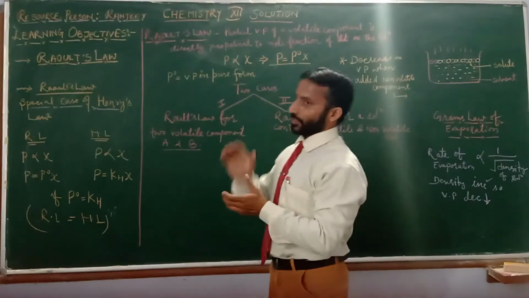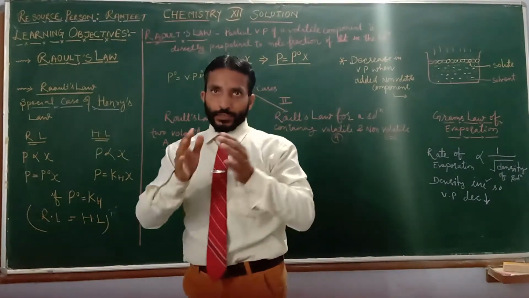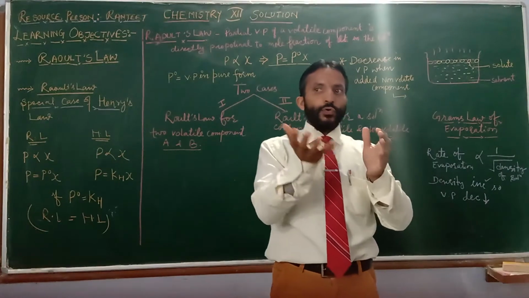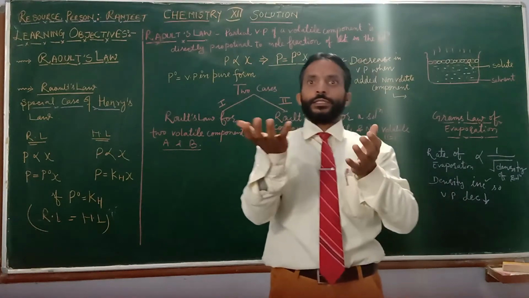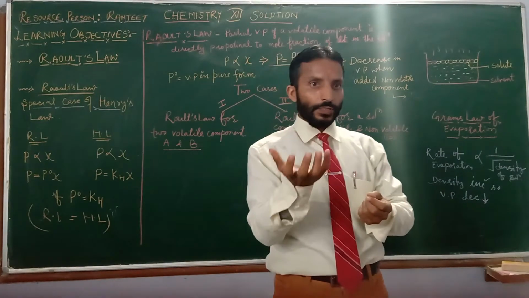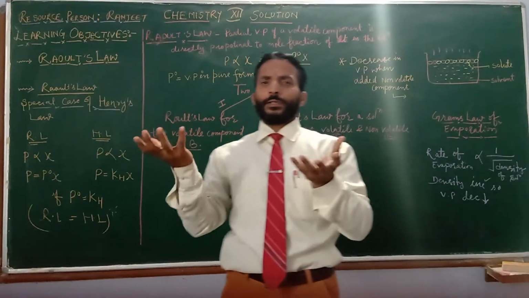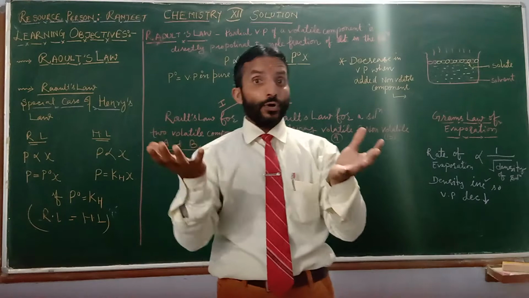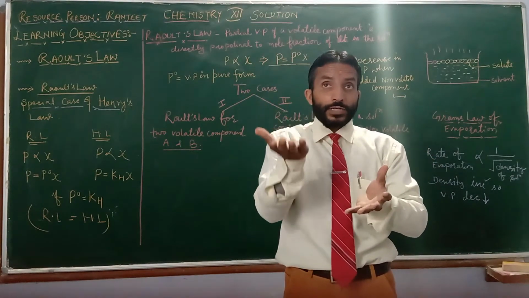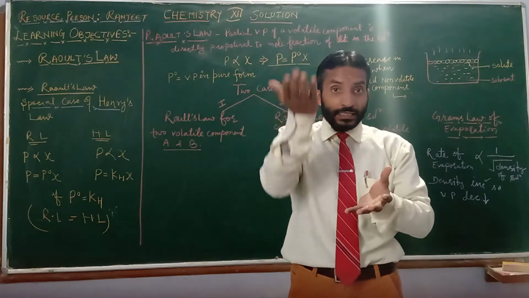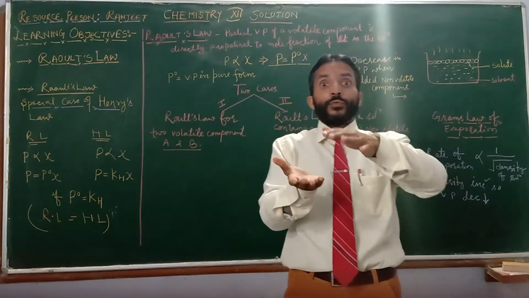Now what is partial vapor pressure? Students, as we know, when a liquid is kept in a system, in the lab or somewhere, it absorbs energy from the surrounding and starts converting into the gaseous state in the form of vapors.